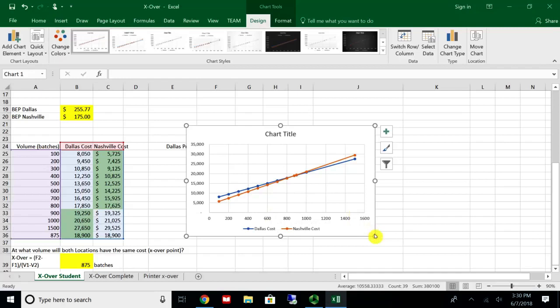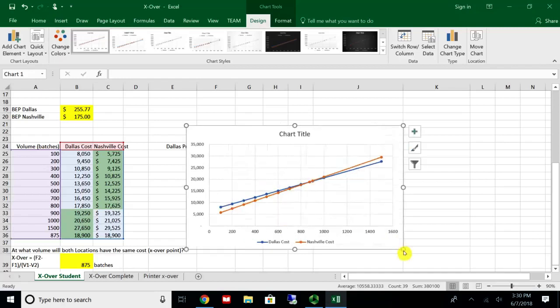Does this thing look like it's telling us what we see in our table? So Dallas is the blue line. Nashville is the orange line. This x-axis down here is the number of batches. And this y-axis over here is the cost. So I can see that at low volume, I want low cost, so Nashville looks better. Yep, that looks right.